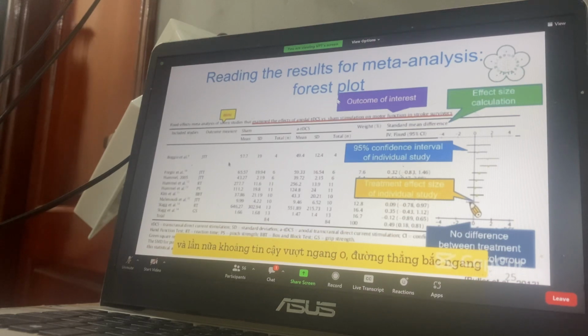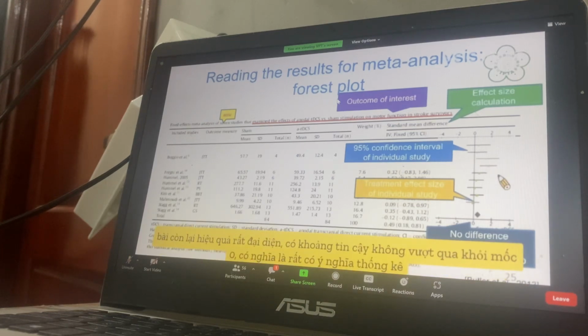And what we can see here is, among the 9 studies, 7 of them have a confidence interval that crosses 0, but 2 show a very pronounced effect, which have confidence intervals that did not cross 0, which means that their results are statistically significant.